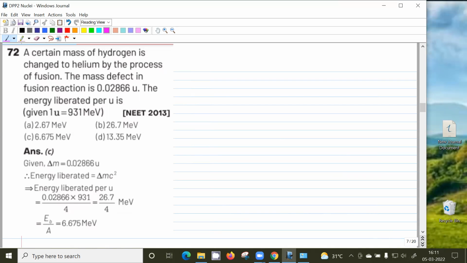Sorry, binding energy, mass defect. That mass will get converted to energy. What is the relation between energy and mass when the mass is getting converted? E equals mc square. So use that to get the answer.